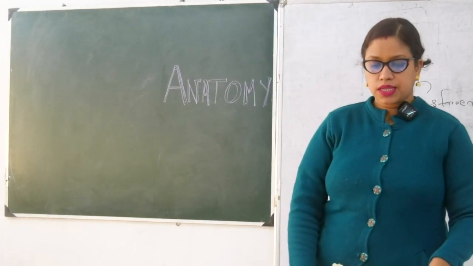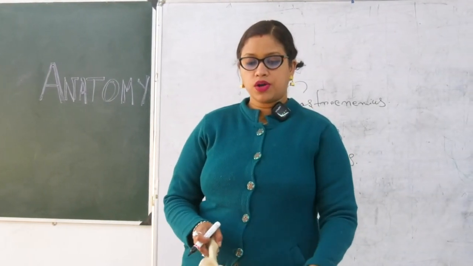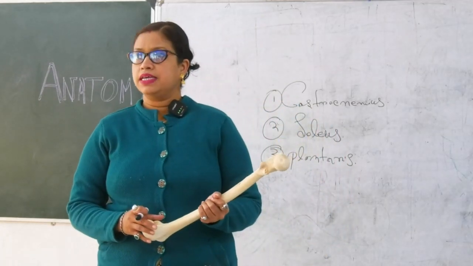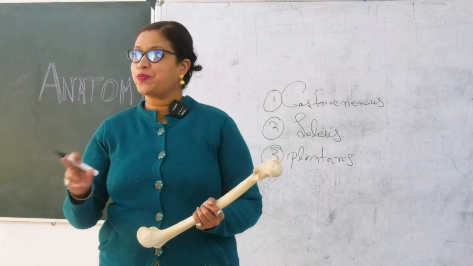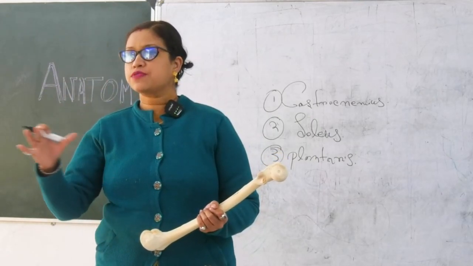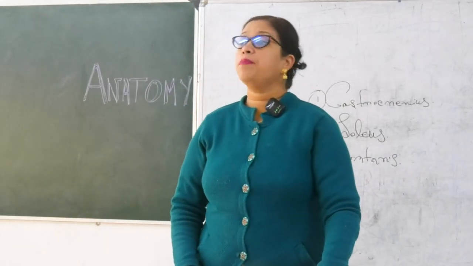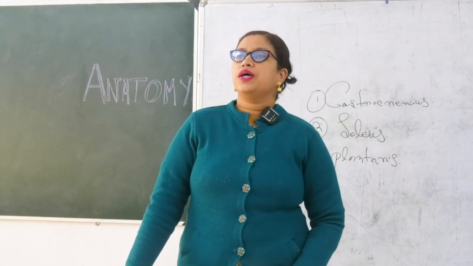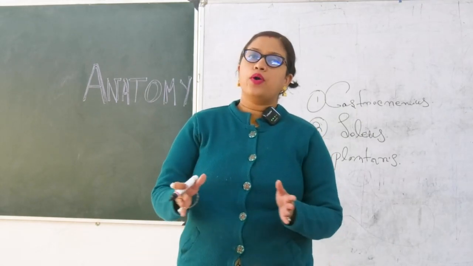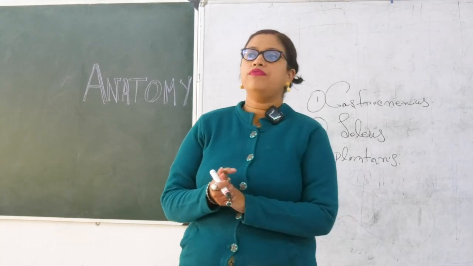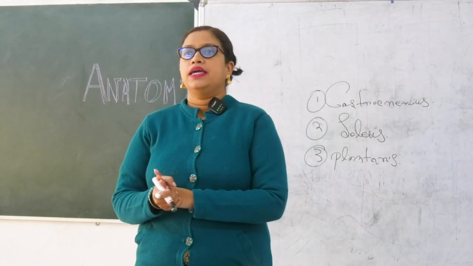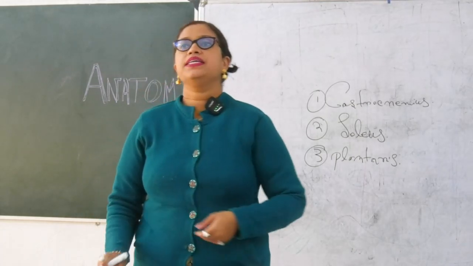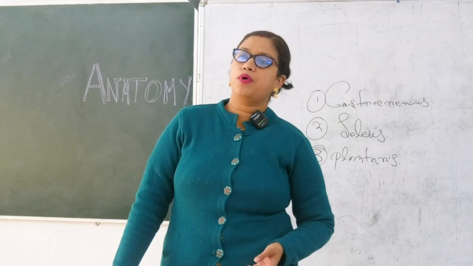If you see the popliteus, what would be the origin? It is a triangular muscle. It is not diamond shape. Remember, it is a triangular muscle which is forming the floor of the popliteal fossa.